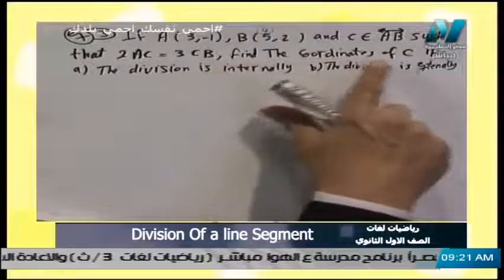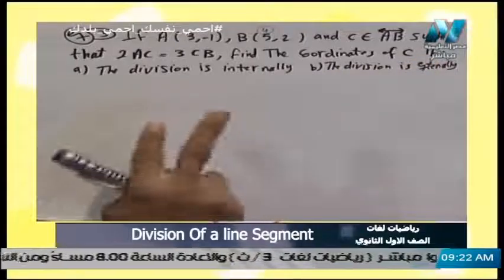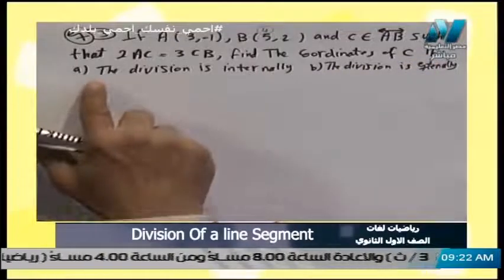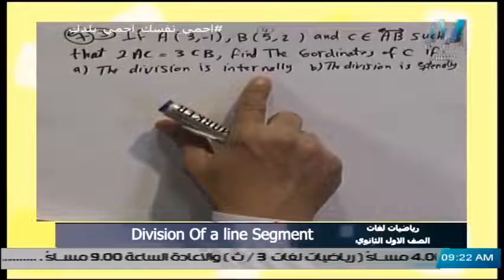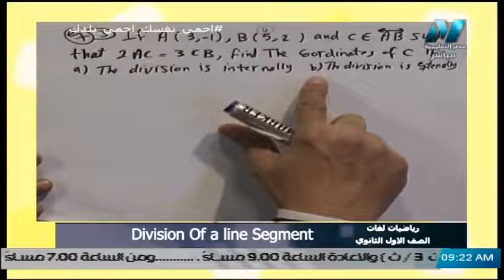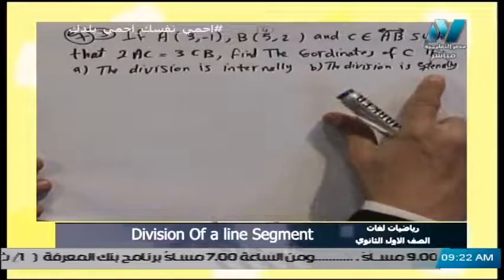Find the coordinates of C. We have two conditions here. The first condition is if the division is internal, and condition number 2 is if the division is external.